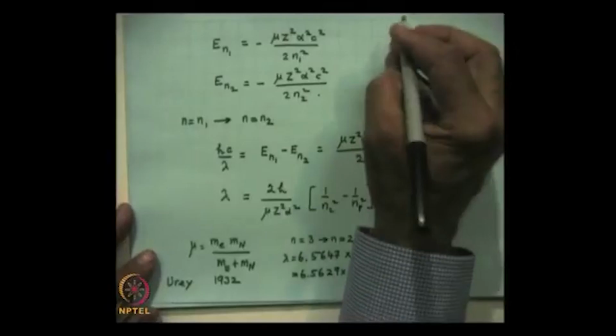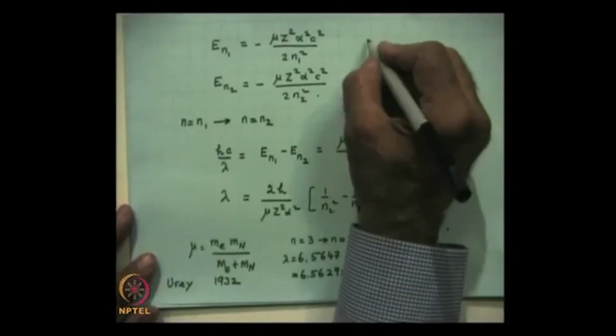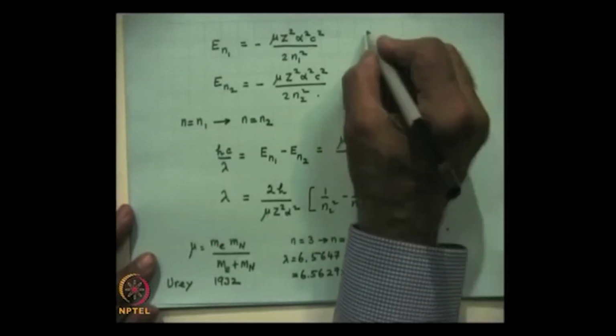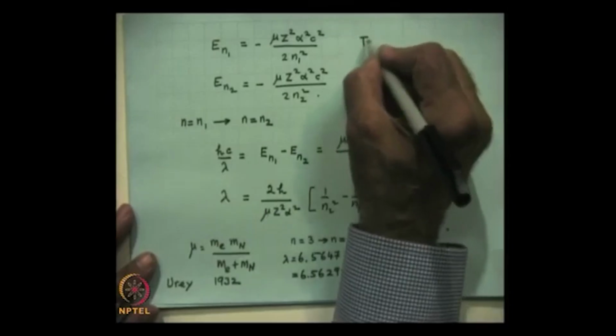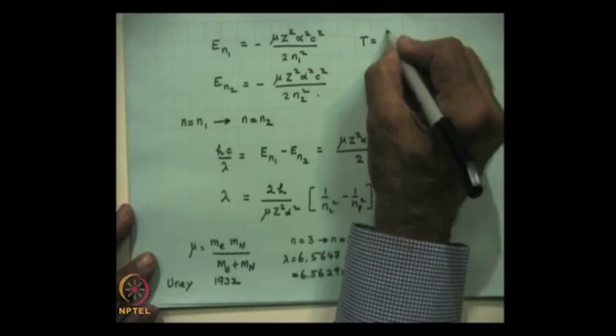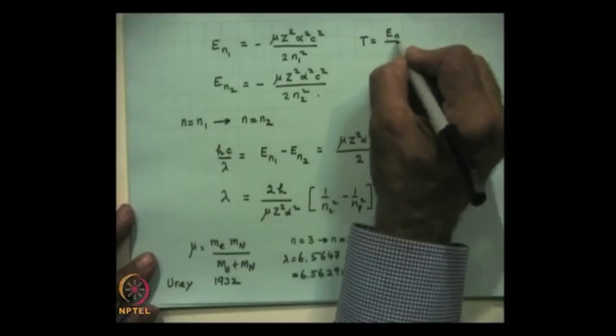So, you have here for example the Rydberg constant. The energy in spectroscopy is usually measured in centimeter inverse. So, we write this as a term value equal to E n by h c.